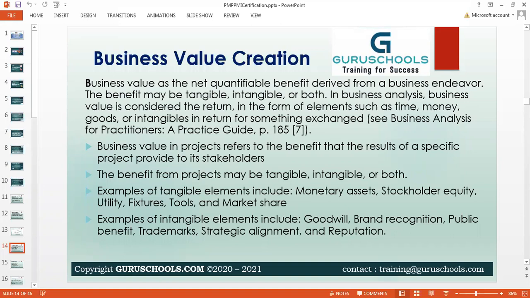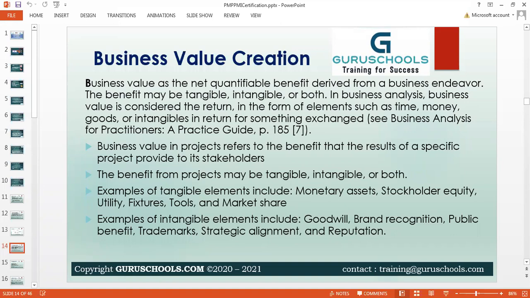Sure, no problem. Examples of tangible elements include monetary asset. So you build a car, and the car can be touched. Shareholder equity, the numbers can be seen in your bank. There are dividends coming into your income. Utilities, you can see the car is speeding up. The fixtures, you can see the iris scanner, the biometric scanner, the full body scanner, the tools, right?